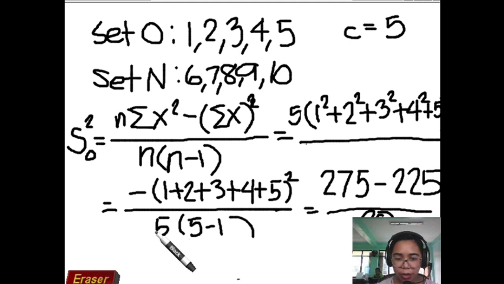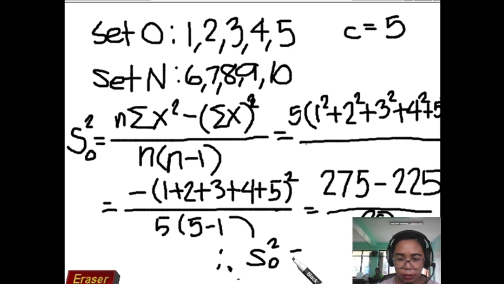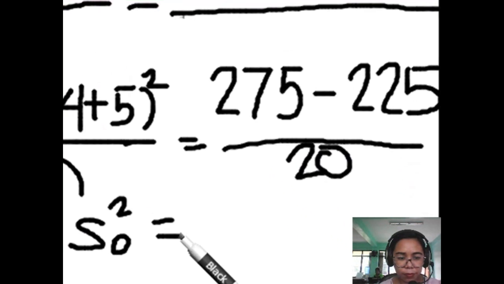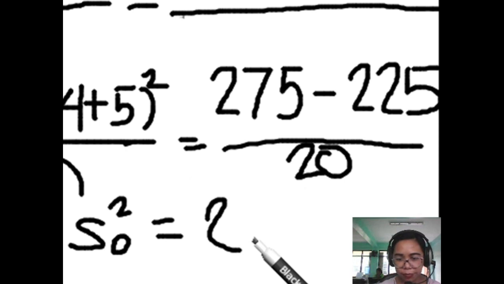From here, 5 times 4 is 20. So therefore, the variance for set O, or the original set, is 2.5.